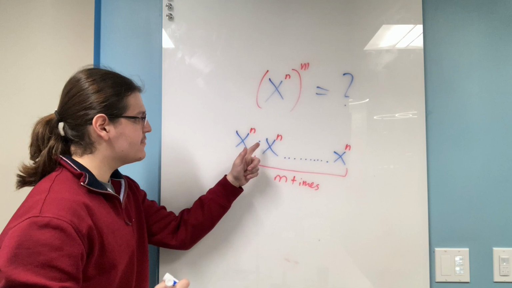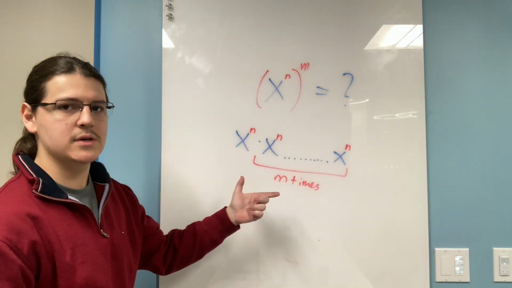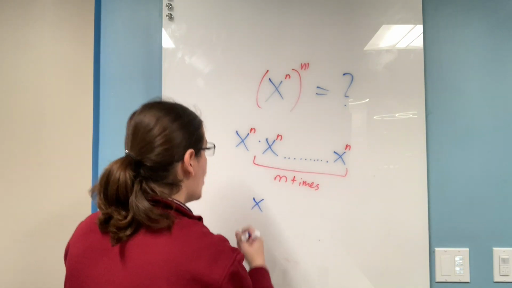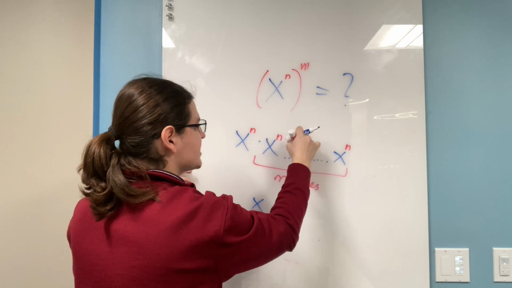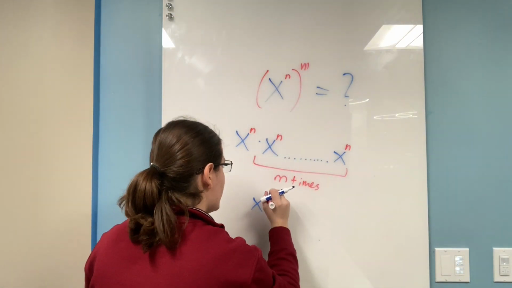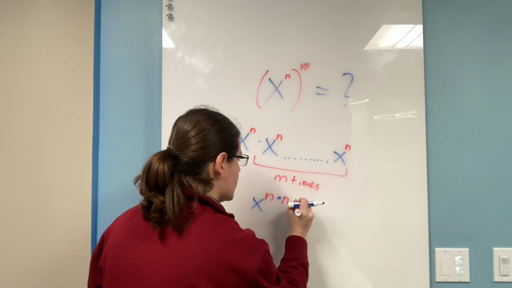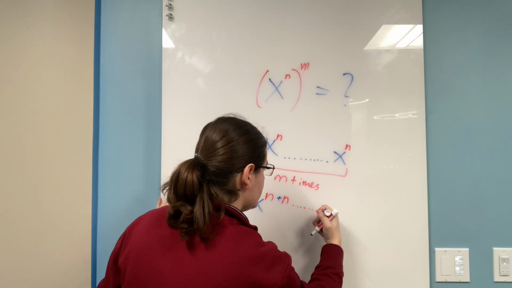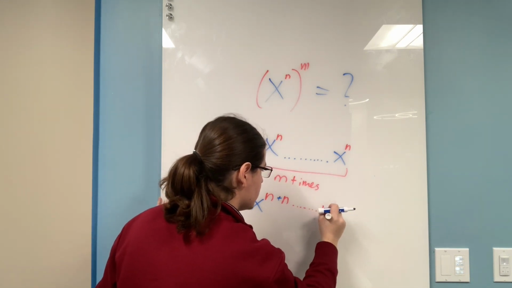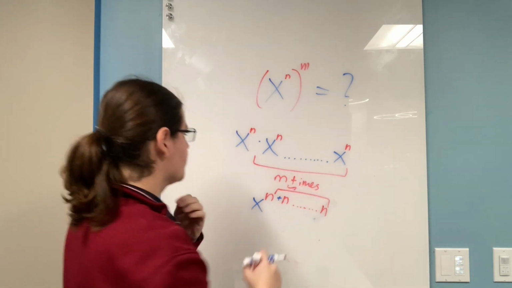Now we have this repeated multiplication, all by the same base. So what we can do is add the exponents on top of each other continuously. So we have x to the n plus n, dot dot dot, all m times.